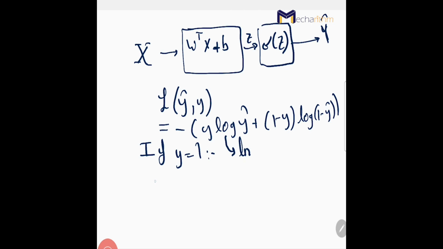If y happens to be true, so it's going to assume the value 1, in this case the loss function will be equal to negative log y cap, and the next term will be eliminated because we have 1 minus 1, which is 0.